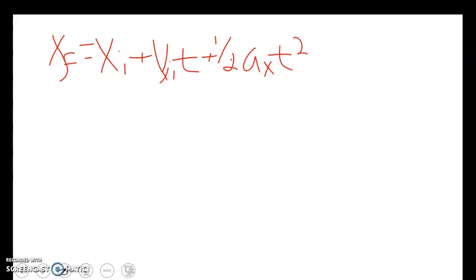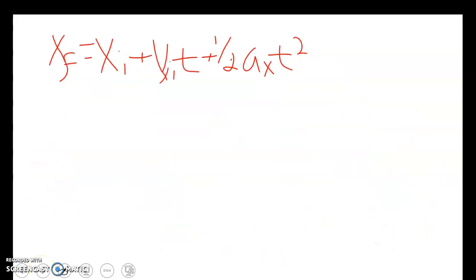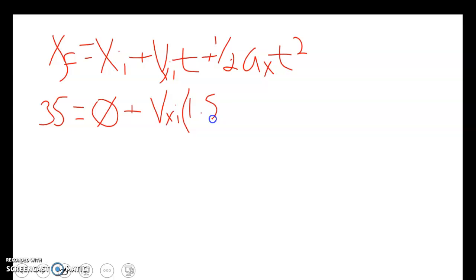Now, when I go back and look at what I have so far, final position 35, initial position 0. I don't know the velocity because that's what I'm solving for, but I know my time is 1.5 seconds. And I go plus 1/2 ax.